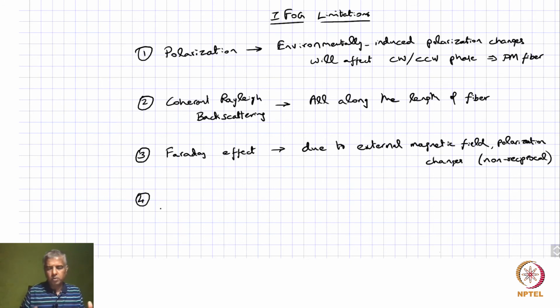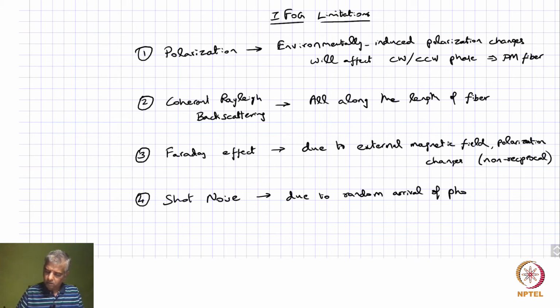And probably one of the more fundamental things that we started talking about previously is shot noise at the receiver. And this we know is due to the random arrival of photons at the receiver, right?